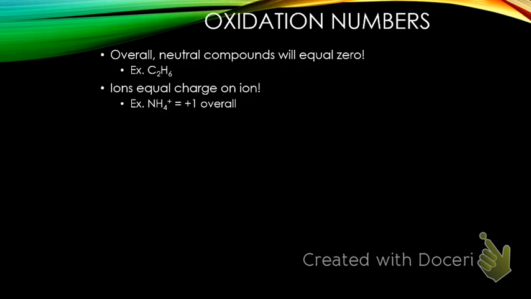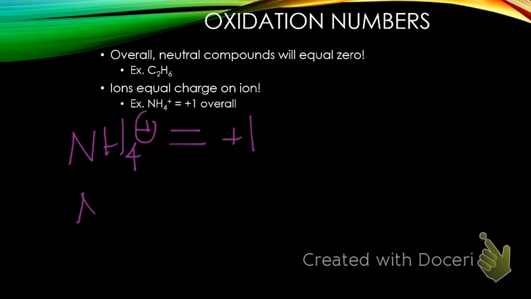An ion is going to be equal to the charge on that ion. So let's do this as an example. So NH4 plus, the overall oxidation state on it has to be +1. So we have a nitrogen plus 4 hydrogens has to equal +1.